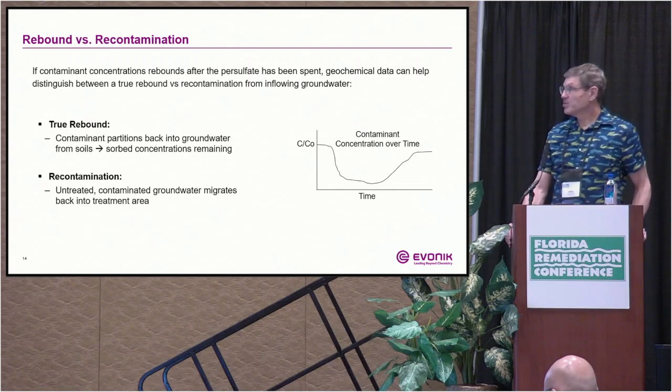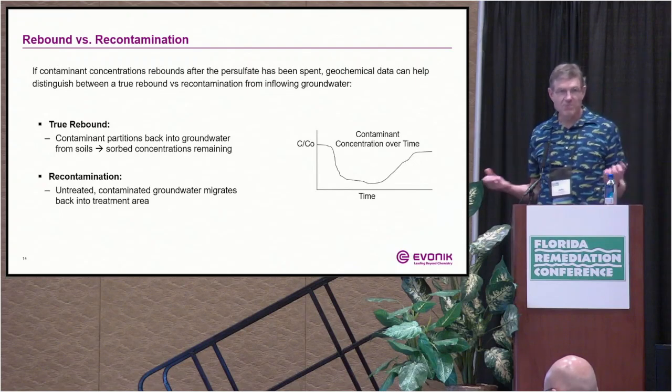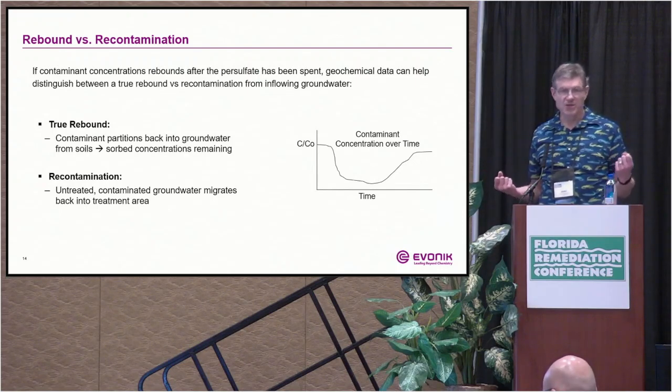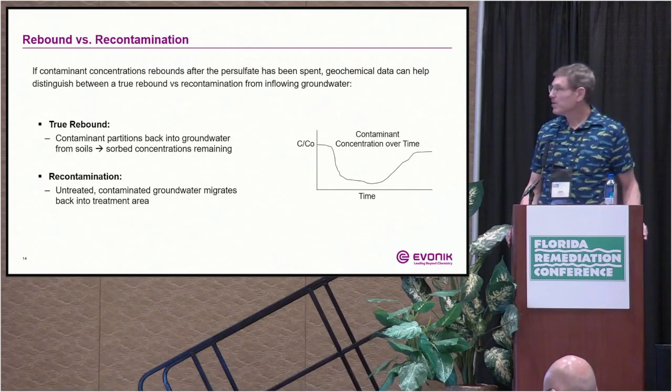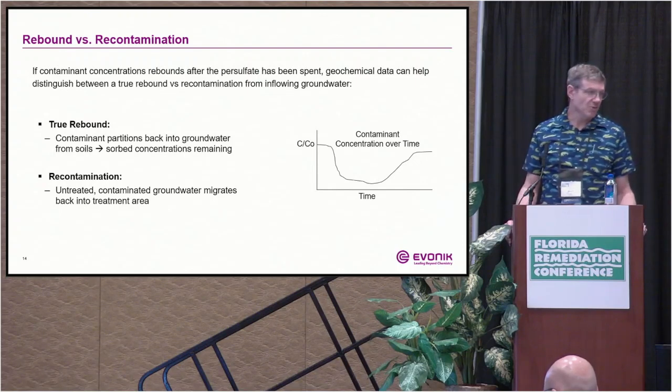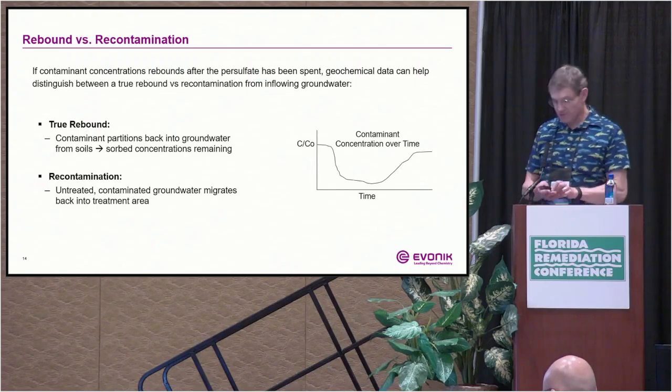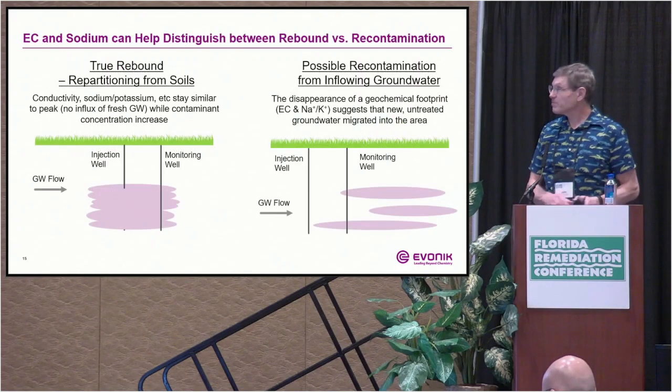Do you have true rebound where the contaminants have actually repartitioned out of the soil organic matter or the fine soil particles and redissolved? Or do you have recontamination where contamination migrated back into that space? And that's where geochemistry can really help you to look at it.